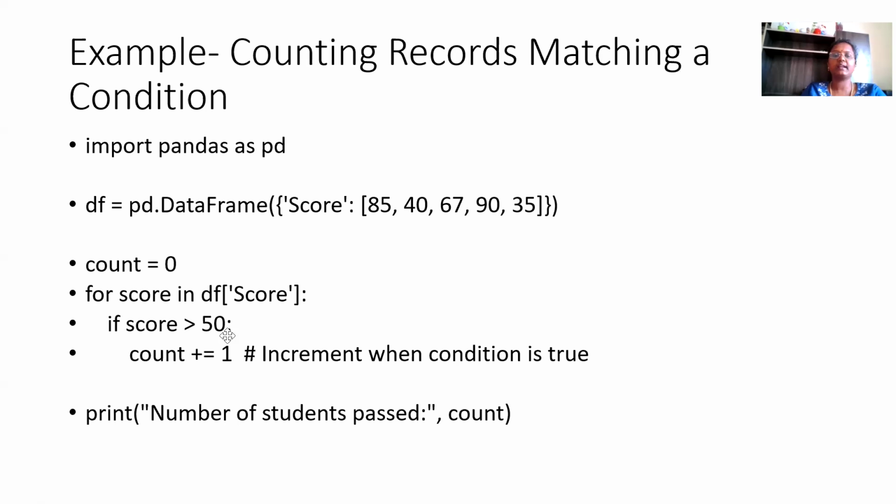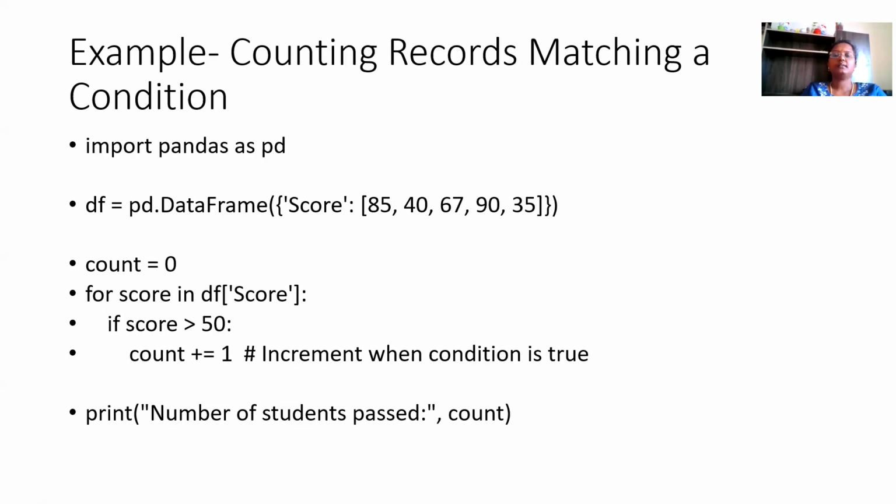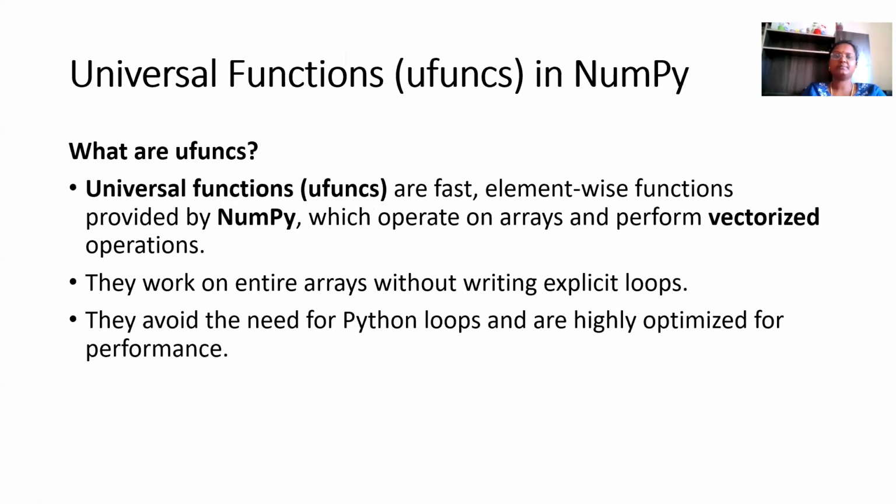If the score is greater than 50, then we increase the count. So if the condition is true, we increase the value. Finally, we print how many students have passed. These are the main things about increment and decrement operators.